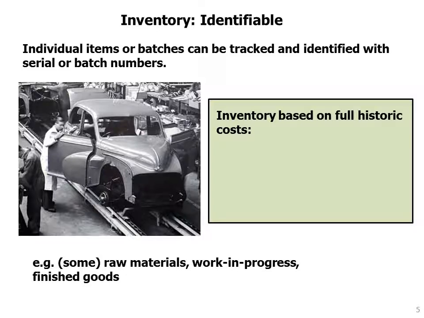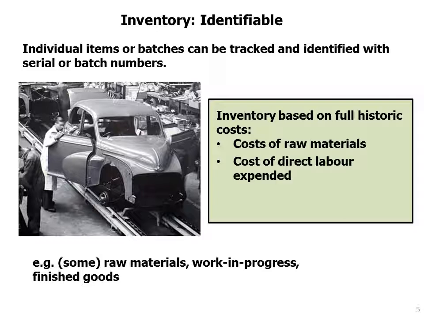So the value of each item reflects the cost of raw materials and also the cost of direct labour that have been expended in the processing or the production of the goods, and finally a share of the manufacturing overheads from the factory, or manufacturing facility, in which the goods were produced.